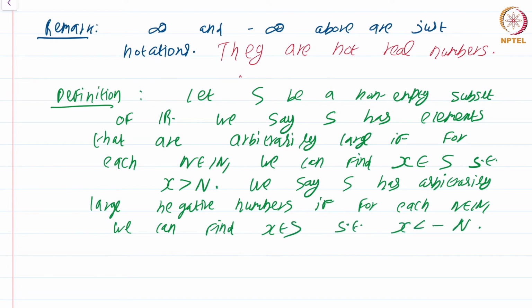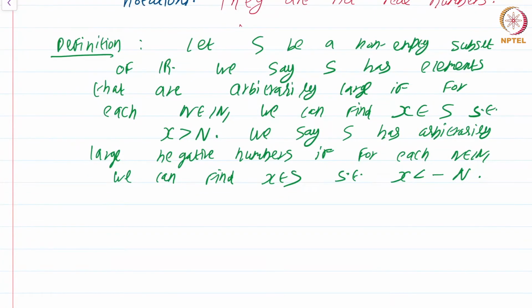So you can find elements that are as large as you desire but negative. These are very nice formalizations of the intuitive notion of a set being arbitrarily large and arbitrarily small.